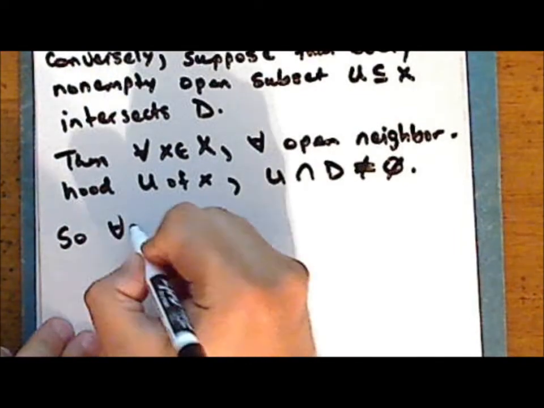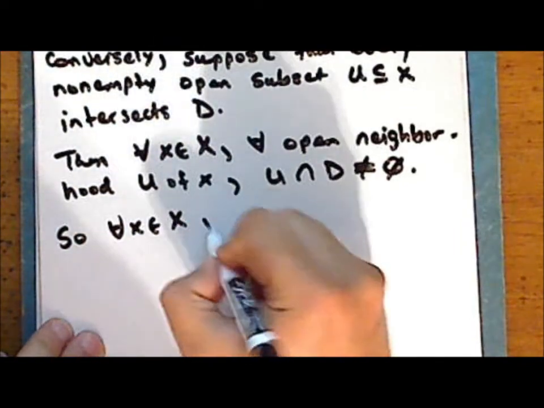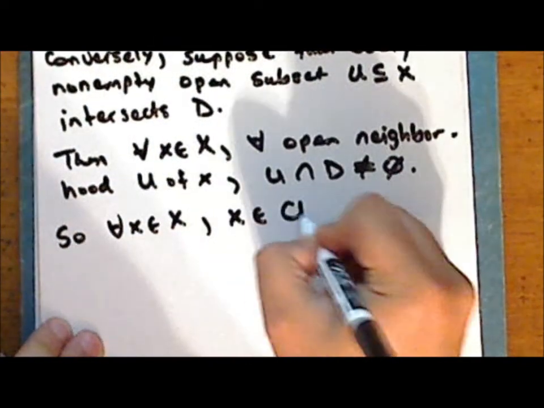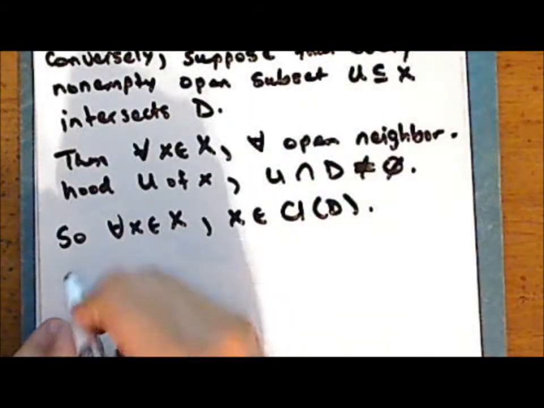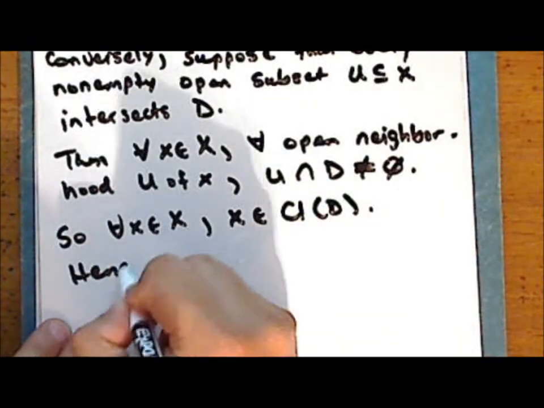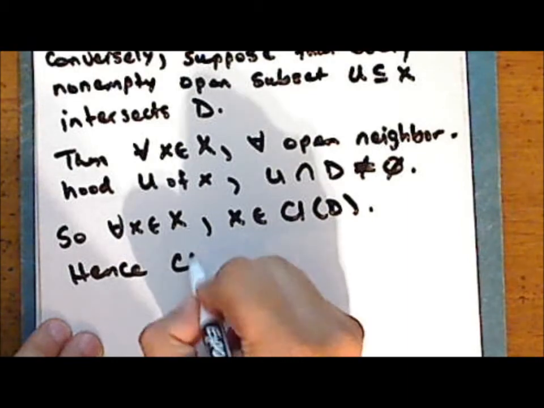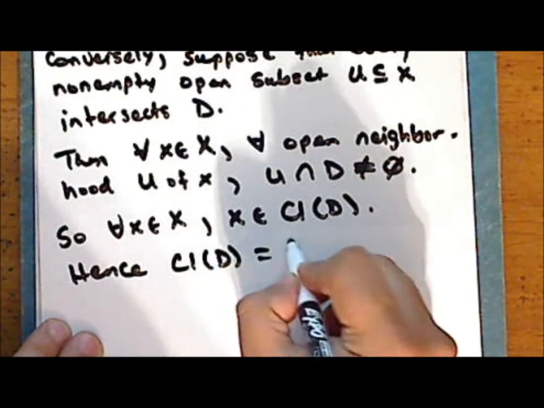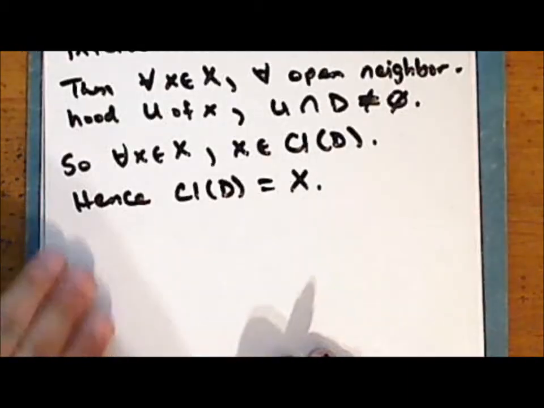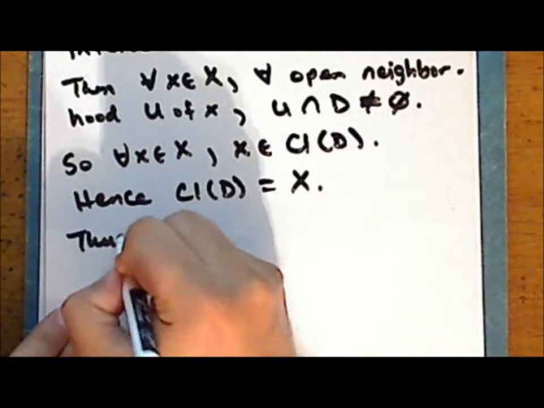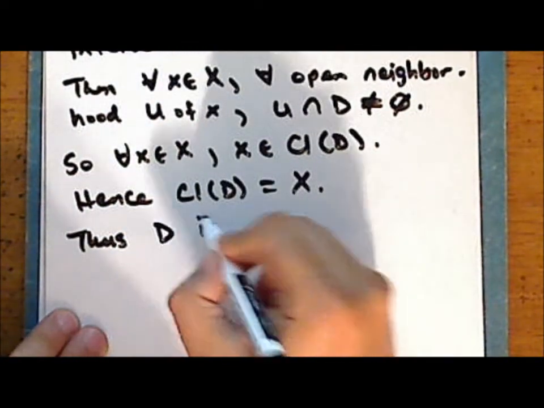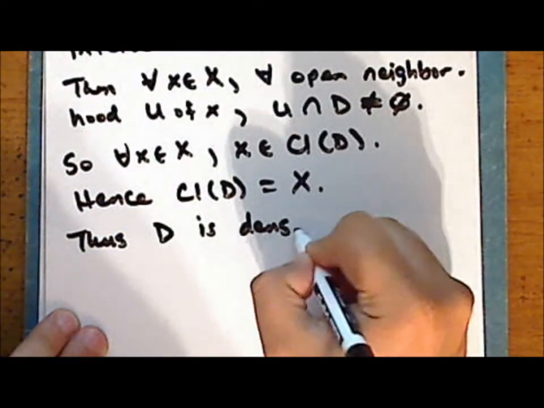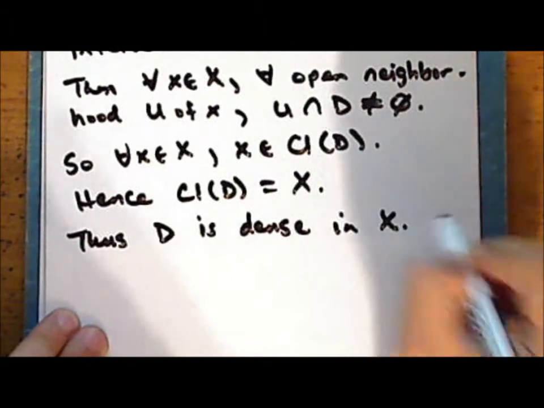And so every point in the space is in the closure of the set D, and hence the closure of the set D is the entire space, and thus the set D is dense in the space X.